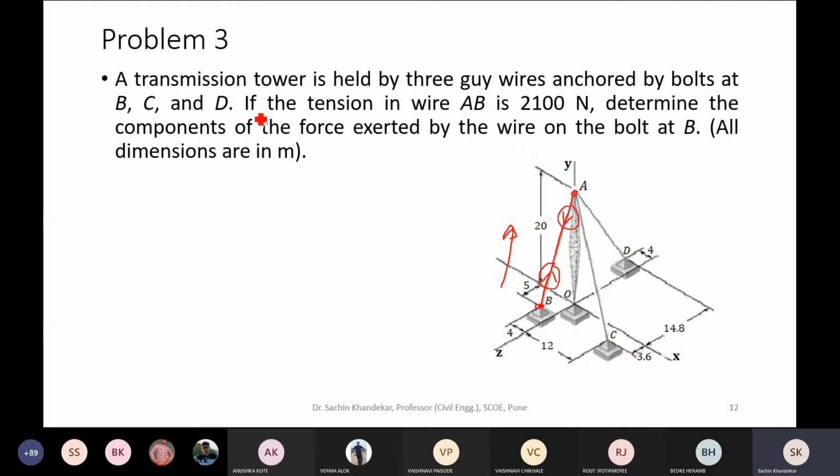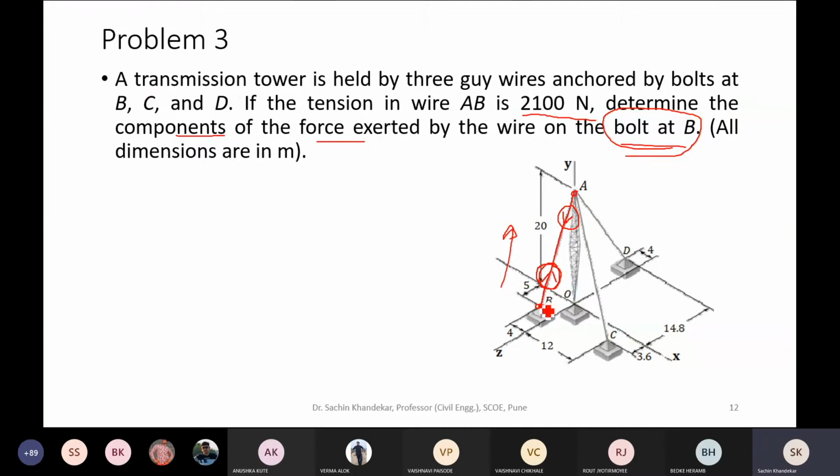Now see here what is asked: if the tension in wire AB is 2100 Newton, determine the components of the force exerted by the wire on the bolt at B. The point under consideration is B, so we are going to consider this direction, away from B, because it is a tension.